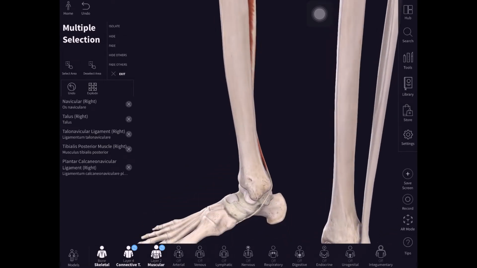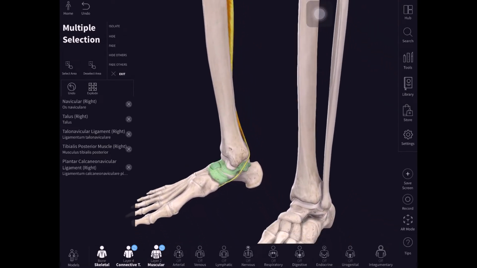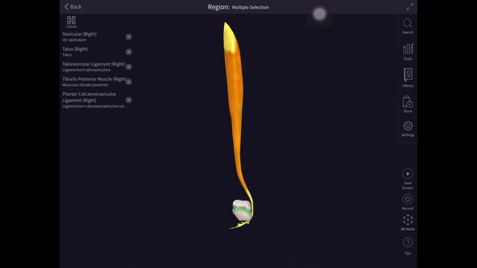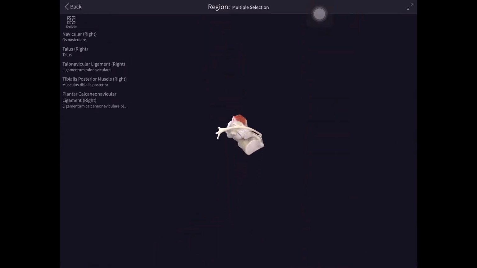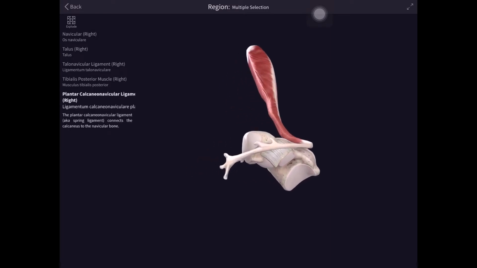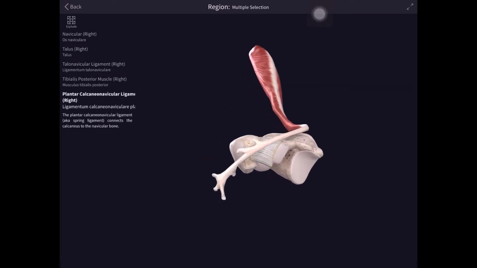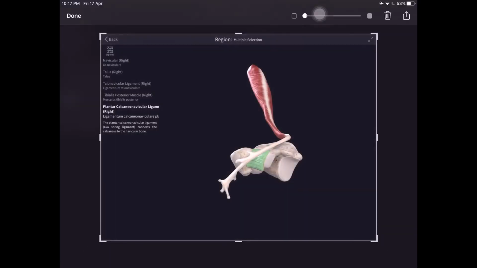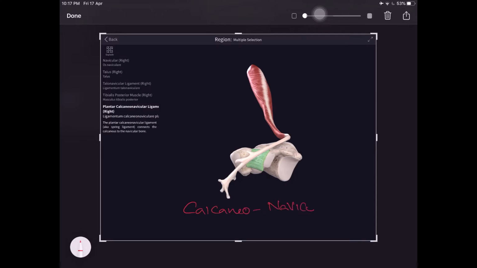So let's isolate. That's your ligament here, this piece. Now if you can identify this, the other name of this is calcaneonavicular. The name itself says calcaneonavicular.